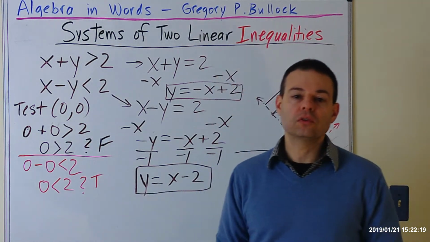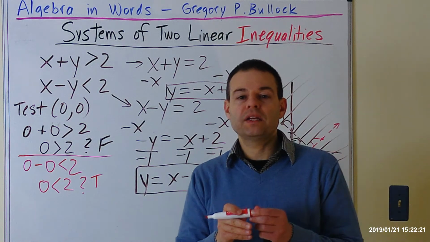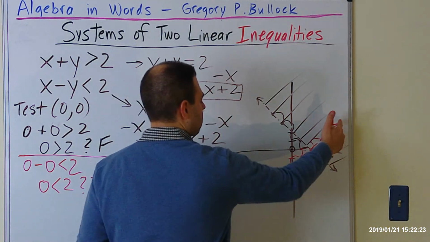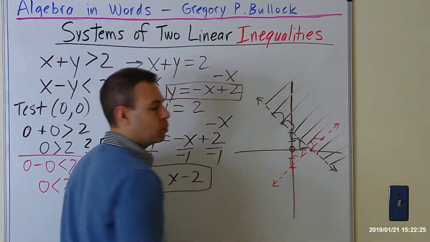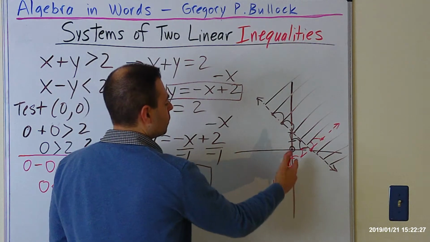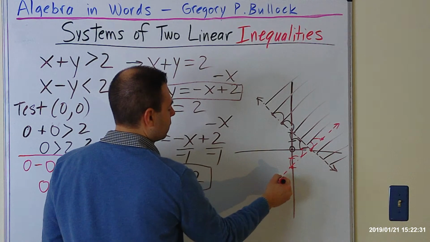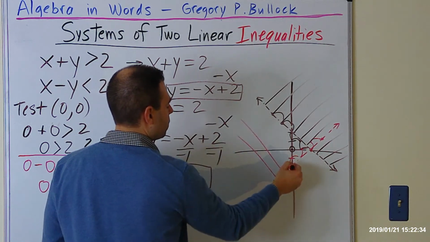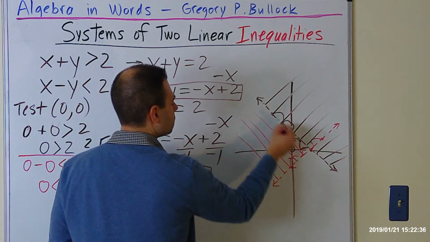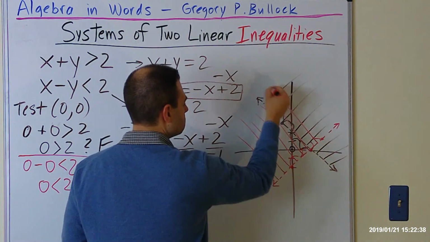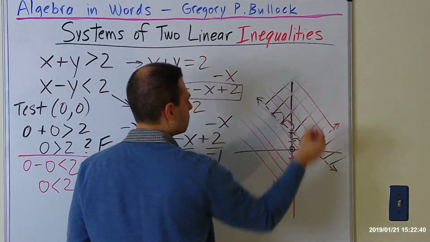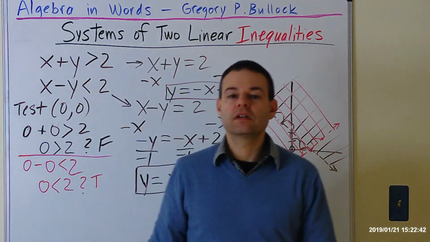I call that true. When the inequality is true, what does that mean with regards to the line with its related graph? We're going to shade the side with the test point. So that would be over here, and I'm going to just draw lines to show that this side is shaded. Okay, I think that's good enough.